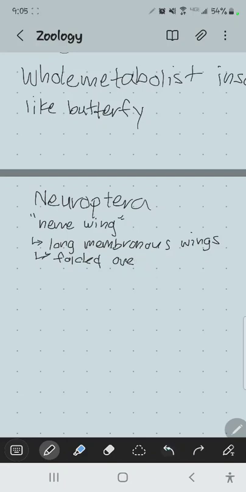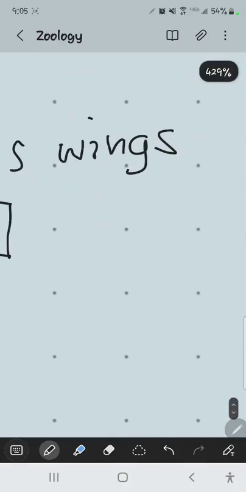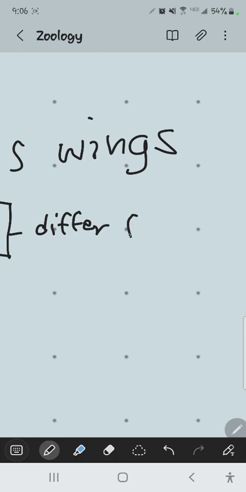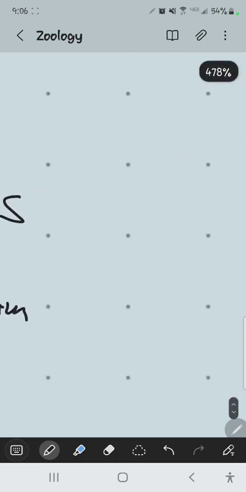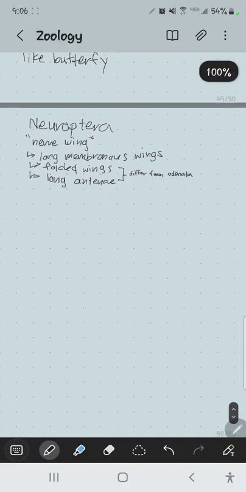Also different from the Odonata, these have long antennae. So the two features I would use to differentiate these from dragonflies or damselflies: these have long antennae, and Odonata don't. The wings, when at rest, fold over their body like an A-frame. Remember the wings folding like A-frames over the body? In dragonflies, they're usually held out or held up.